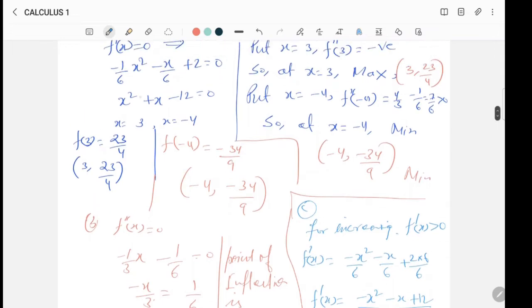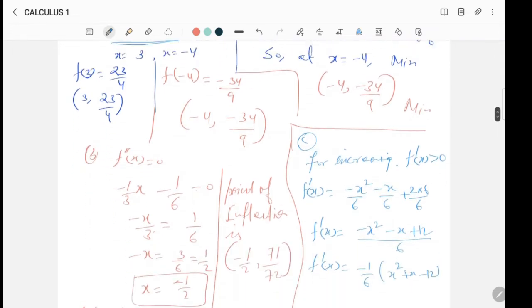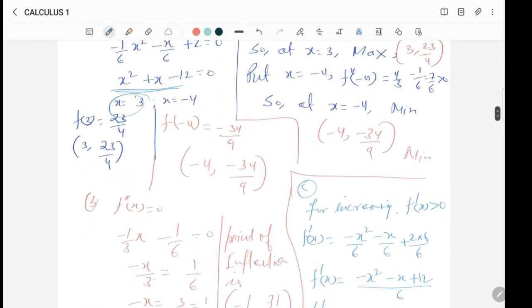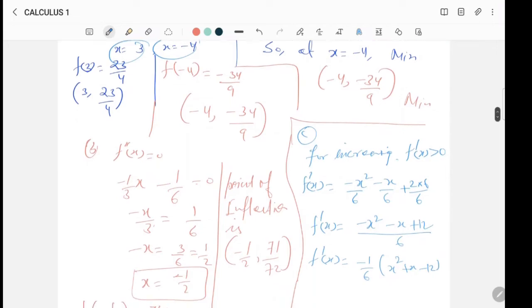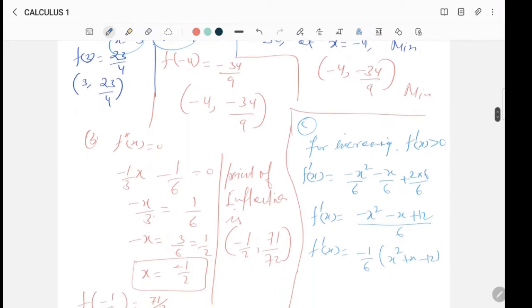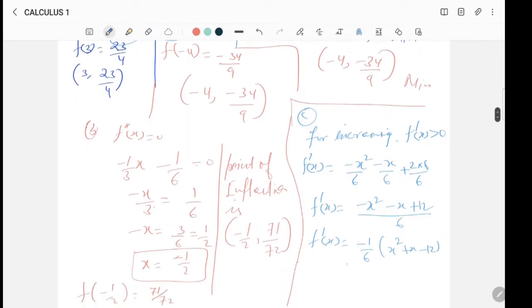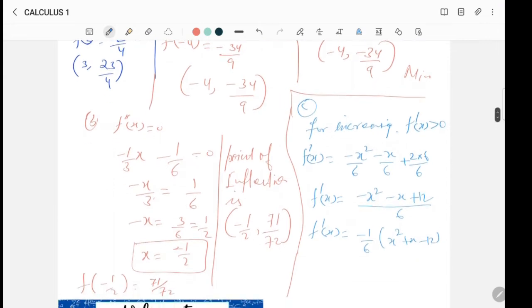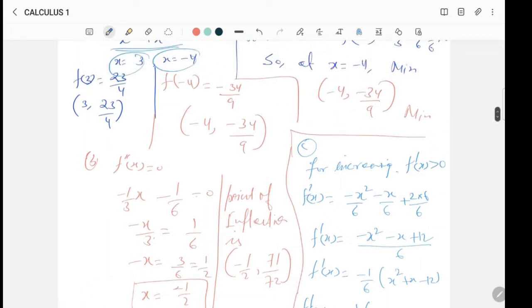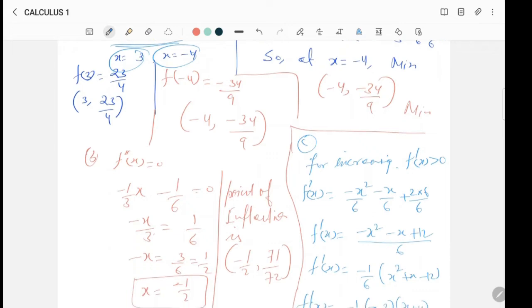For this, the roots are x equals 3, so x minus 3 is a factor, and x equals minus 4, so x plus 4 is a factor. So we can write minus 1 over 6 times x minus 3 times x plus 4.